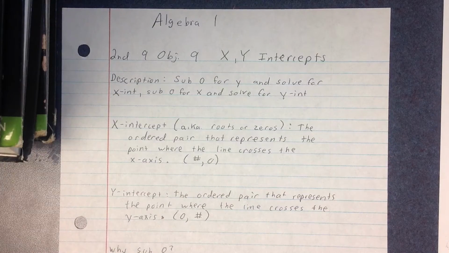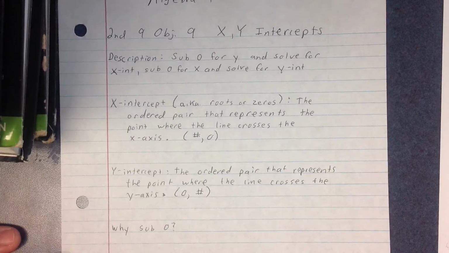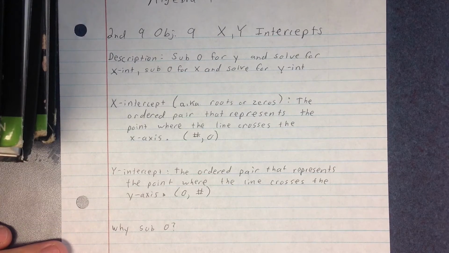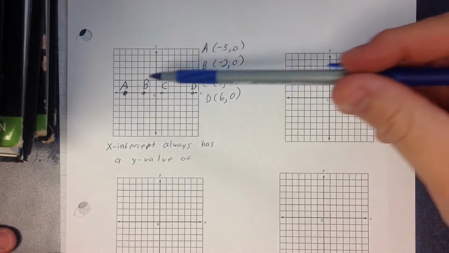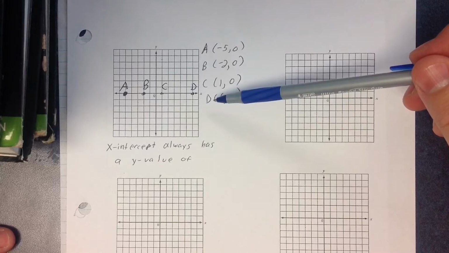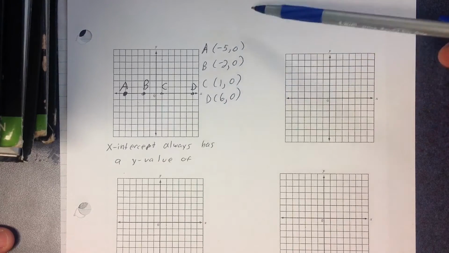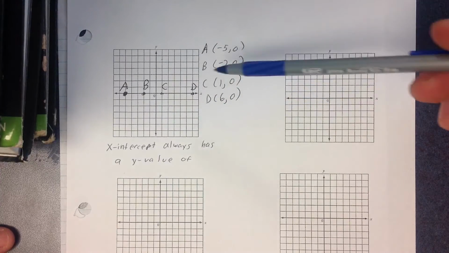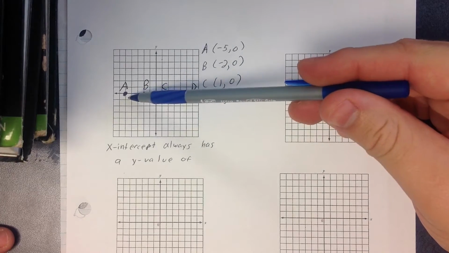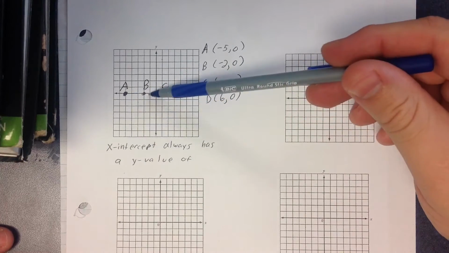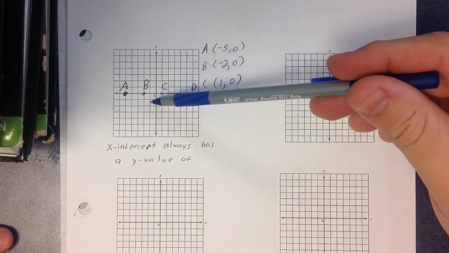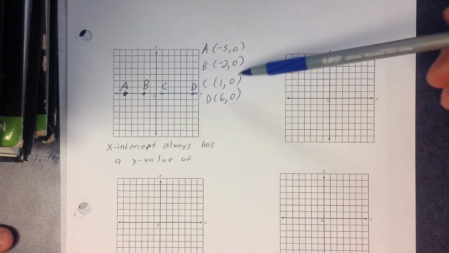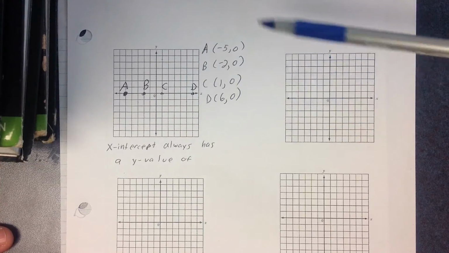Now in the description, you may say, well, why are we even substituting in 0? If we look at a couple graphs, I put 4 random points on the x-axis, and I wrote their coordinates. A is -1, 0, B is -2, 0, C is 1, 0, D is 6, 0.